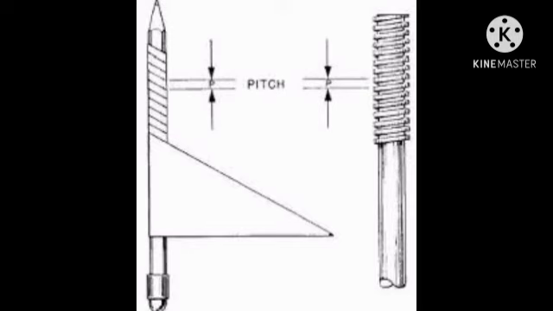Now the threads on a screw are made in the same way, students. That is why when a screw is fitted in wood, it goes in as if it is going down an inclined plane. Therefore, less force is required to fit a screw than to hammer a nail. In other words, a screw is like a rolled up inclined plane made of an iron strip.